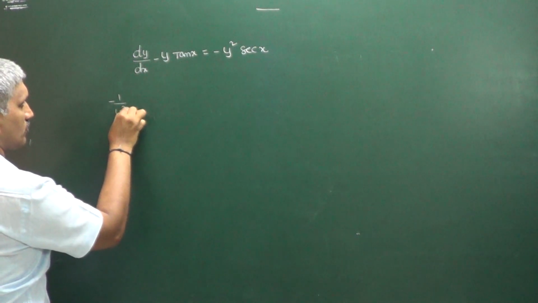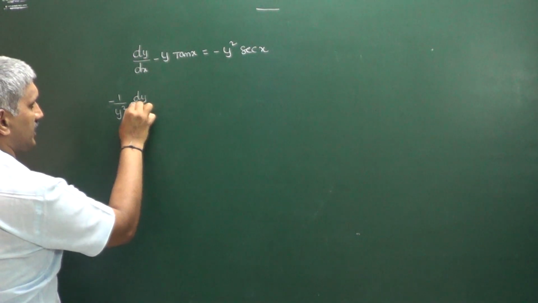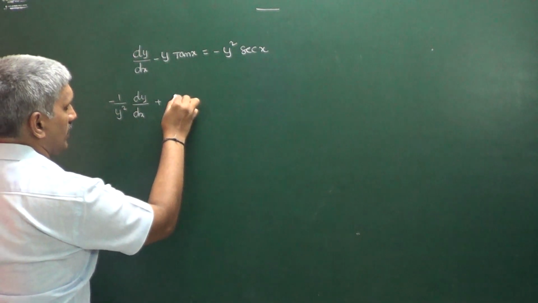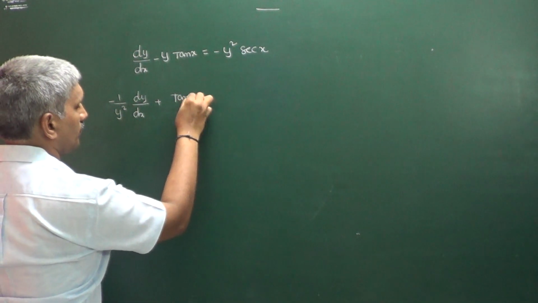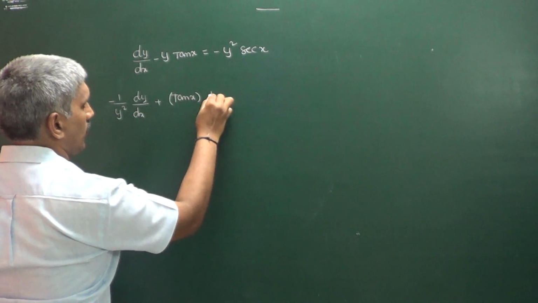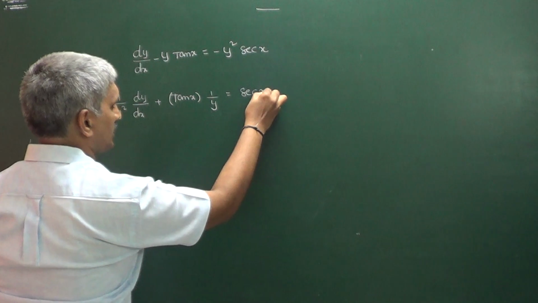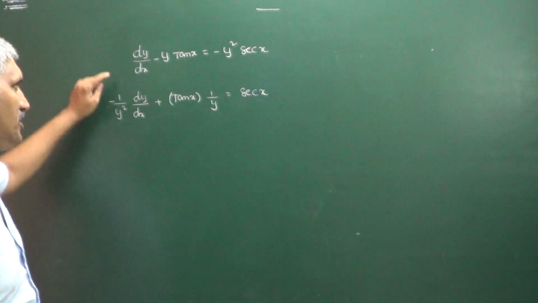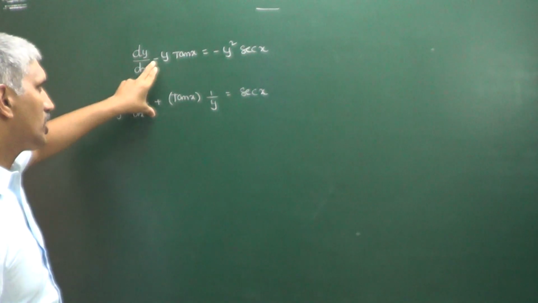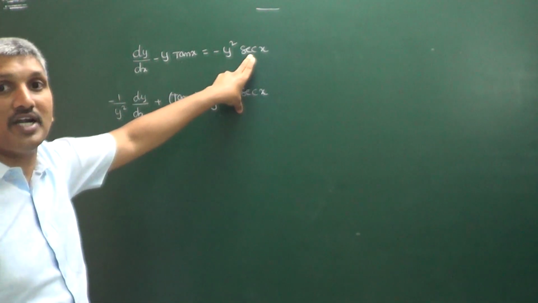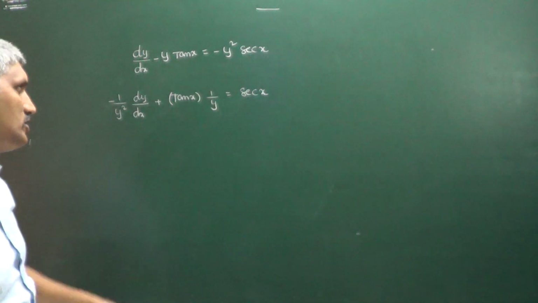Minus 1 by y square into dy by dx, plus tan x into 1 by y, is equal to secant x. Here we divided by minus y square, that's why we got 1 by y, and here also we got secant x.